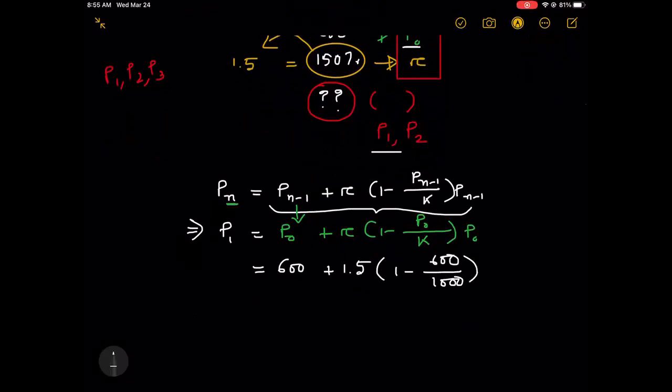And P naught again is 600. So we have plugged in the values in their exact places. But we can make a mistake here and there, if we somehow fail to convert the formula to its exact formation.